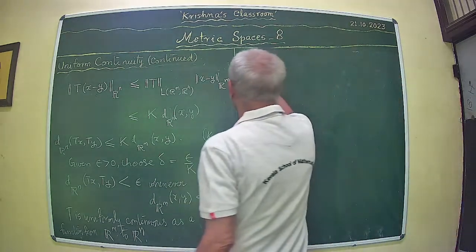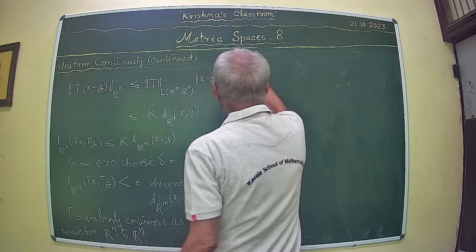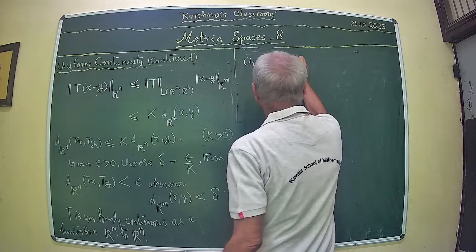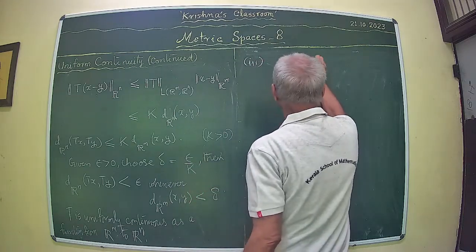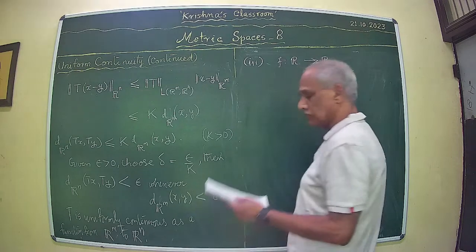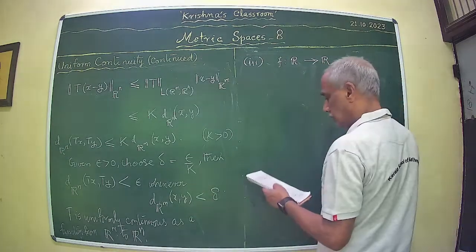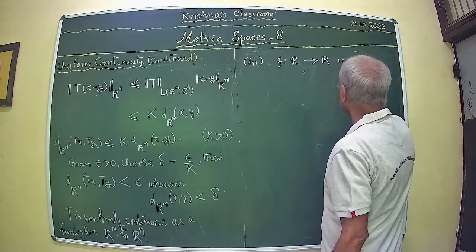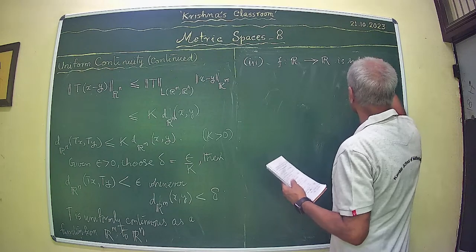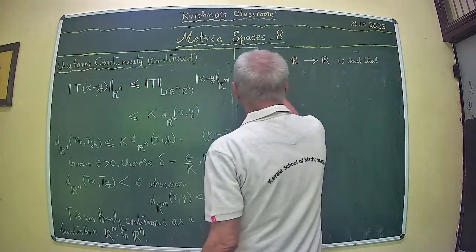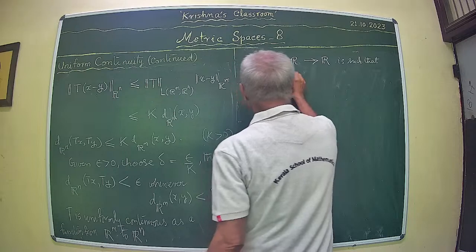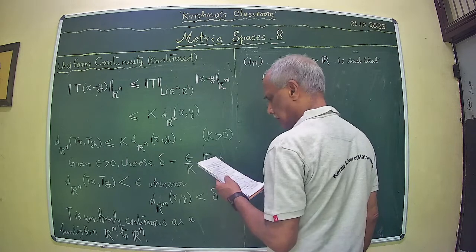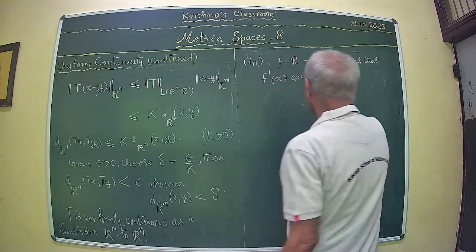Now the third problem is this. Suppose f from R to R is such that f derivative exists and is bounded.